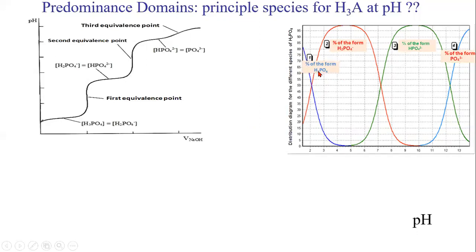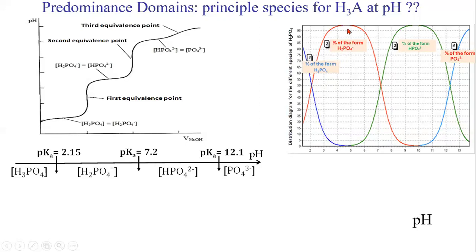Now, we start off with H3PO4, and then as we add base, pH increases, the H3PO4 starts to decrease in solution, and the H2PO4 minus in red starts to become greater, okay? Up until all the H3PO4, or most of it, becomes 0. Of course, we get some back reaction. All of it gets converted to H2PO4 minus at the first equivalence, okay?